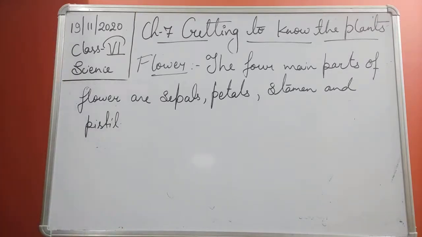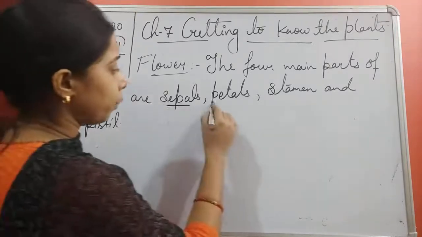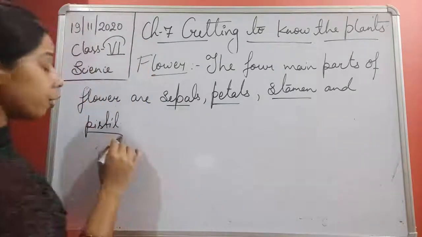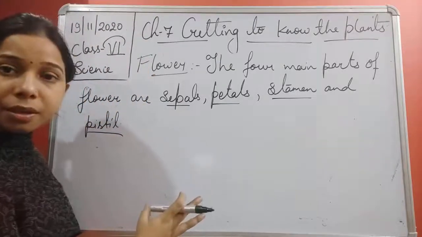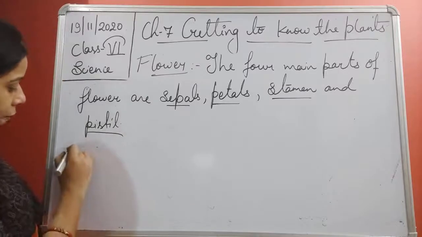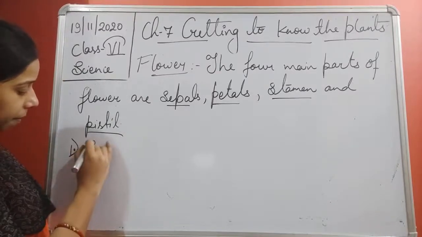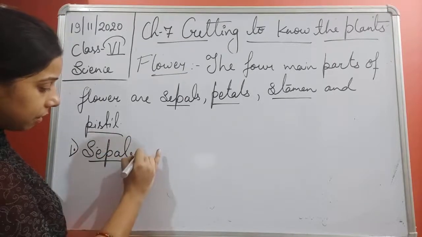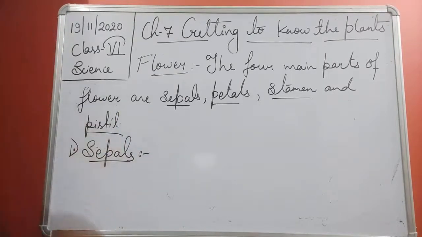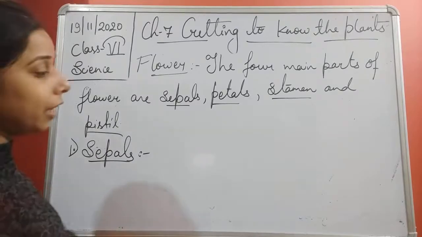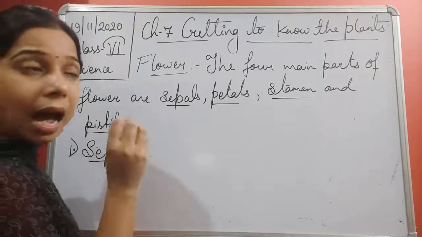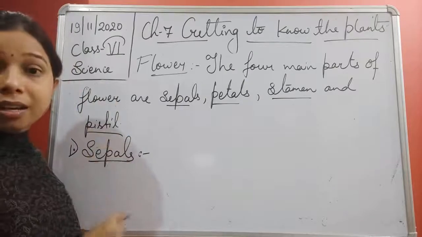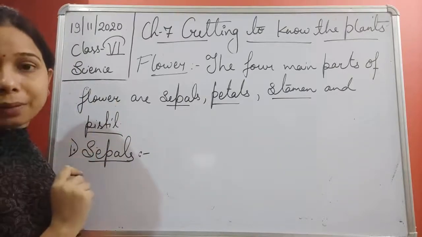Now let us try to understand each of them one by one, and what is their role, how they have been divided. So first of all, the first part of the flower is the sepal. Let us try to understand the sepals. Basically, if you see the flower, at the base of the flower, there is a green part.